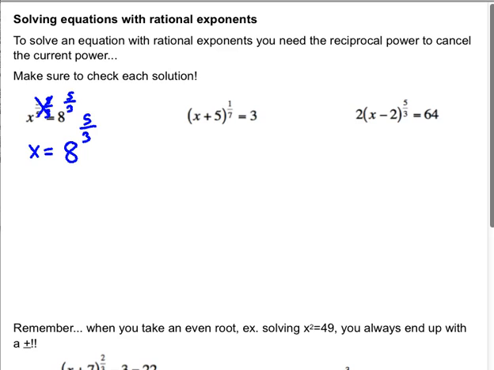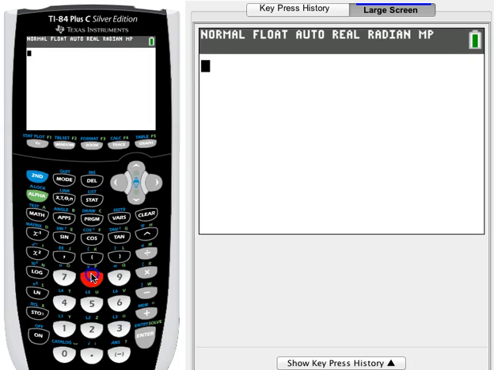Now here, I'm going to show you a neat trick to make this easier. For 8 to the 5/3, you can actually use your calculator to do that for you. If you just type 8 to the 5/3 into the calculator, it will do it for you.